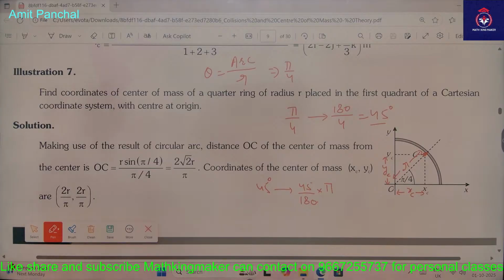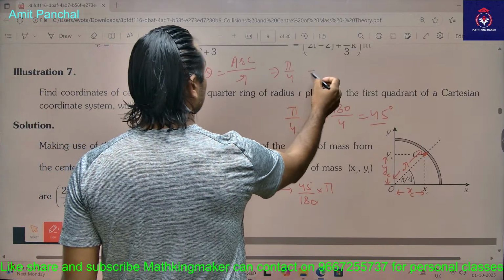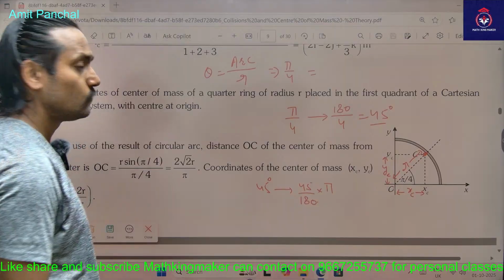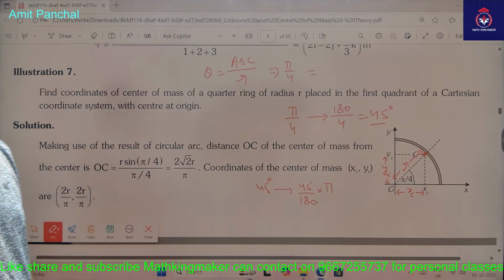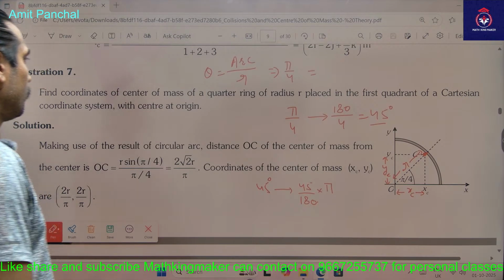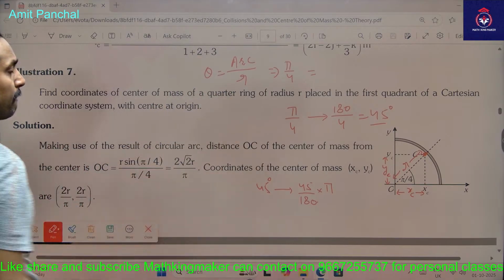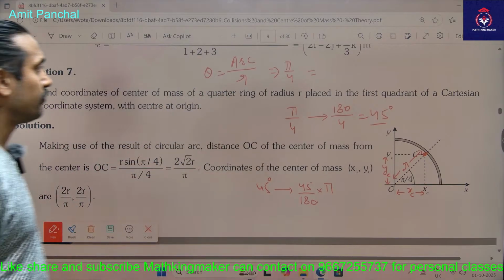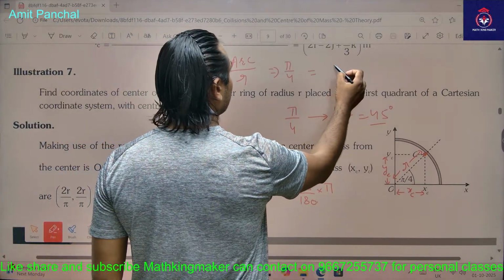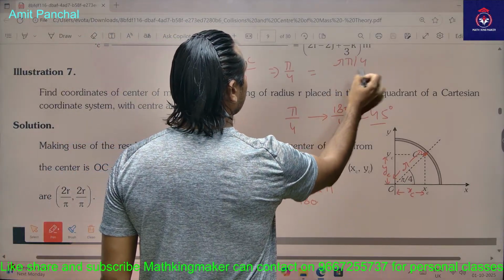Arc is how much? We need to find out the arc. Okay, theta is pi by 4. It will be r pi by 4, right? Yeah. It will be r pi by 4.